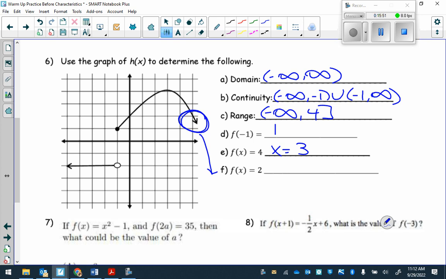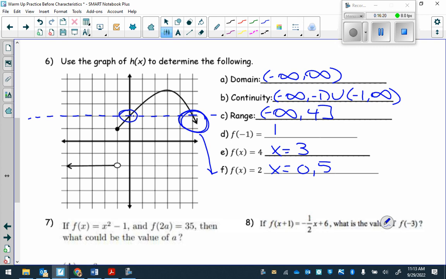Anywhere else? X equals 0, and then I go all the way across. So this is the value you gave me, right? 5. Good. Excellent. Okay, good.